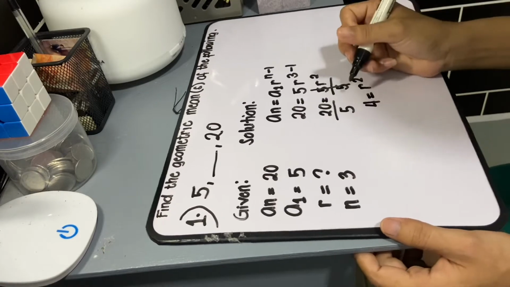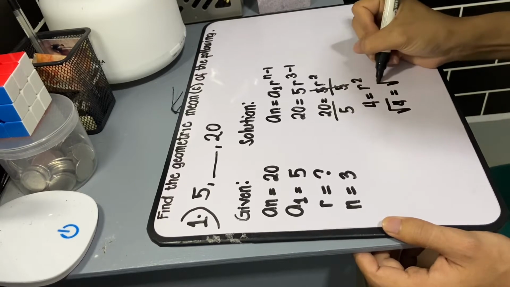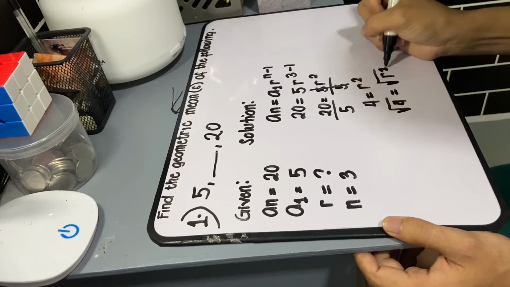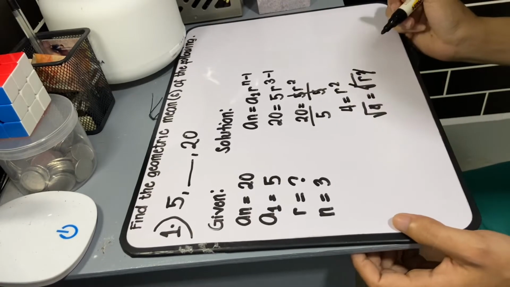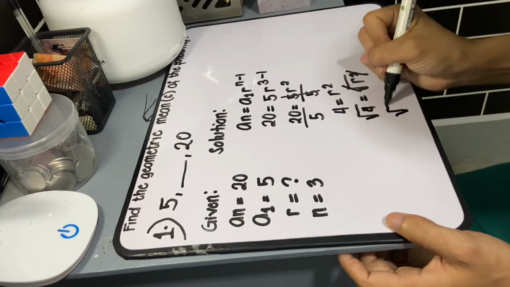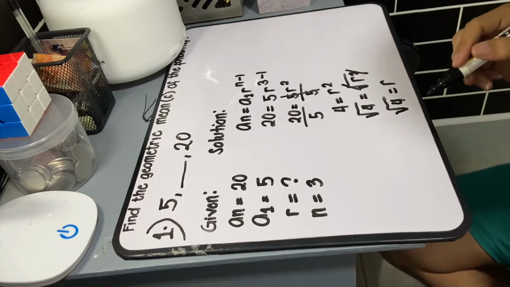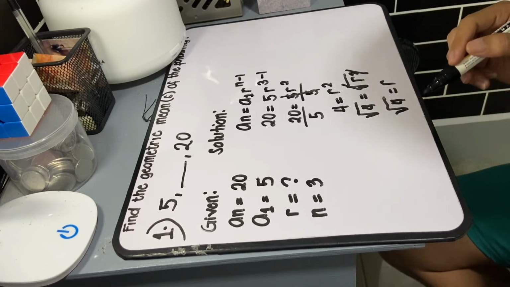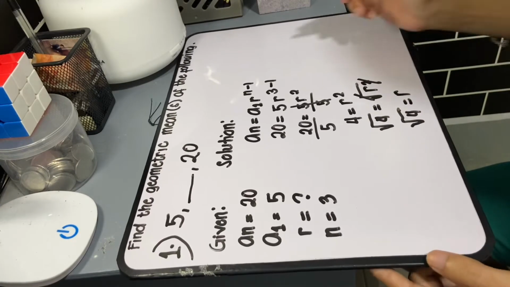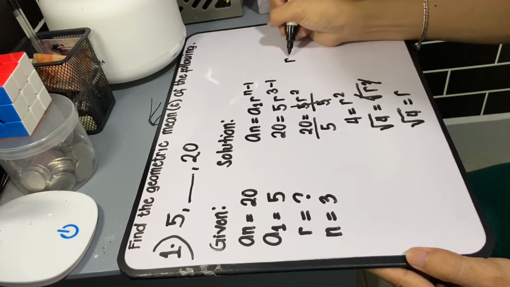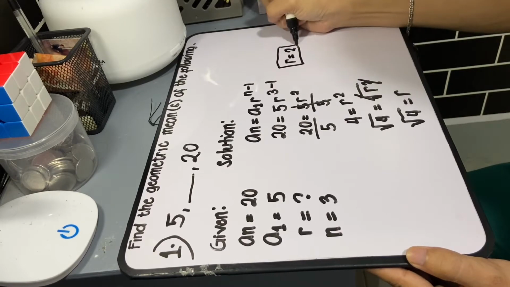We cancel out the square and the root on the R side and bring down, the square root of 4 is equal to R. The square root of 4 is 2 times 2, that is equal to 4, meaning to say the square root of 4 is equal to 2. So R is equal to 2. The value for the common ratio is equal to 2.